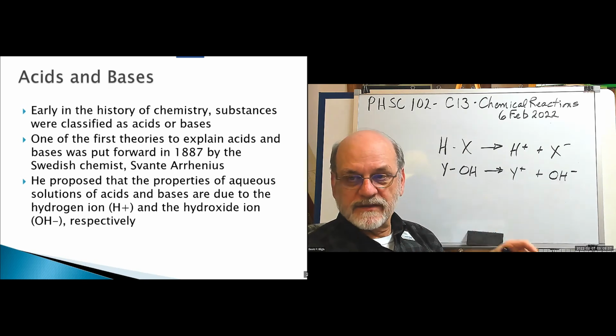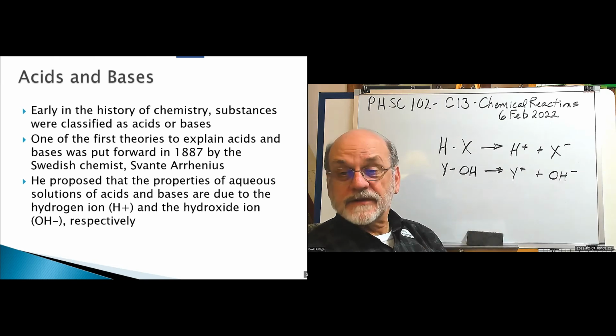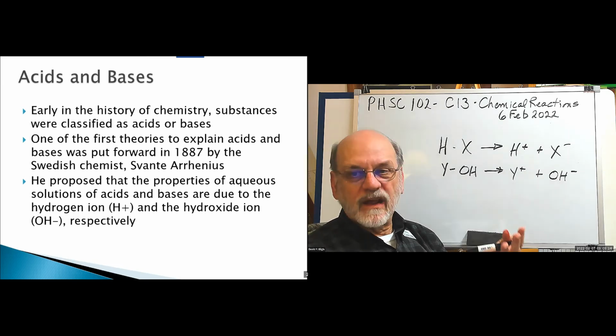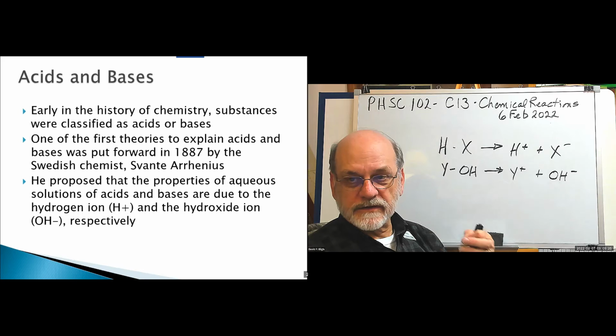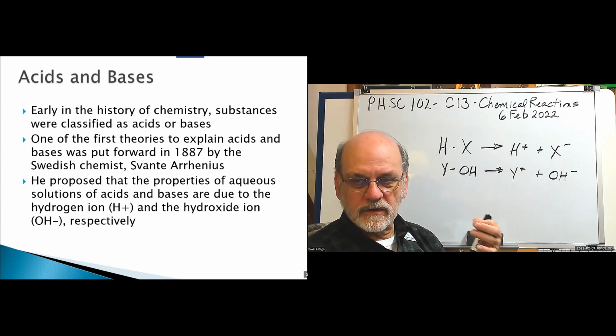Okay? Bases taste bitter. Now you can't do that with some acids and bases because they would eat your tongue off. But as a general rule, if they're weak, for example, vinegar. Vinegar is a solution of acetic acid. A 5% solution of acetic acid will give you vinegar.